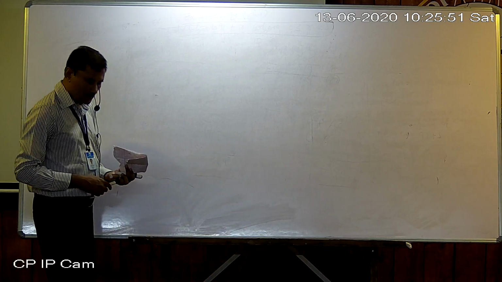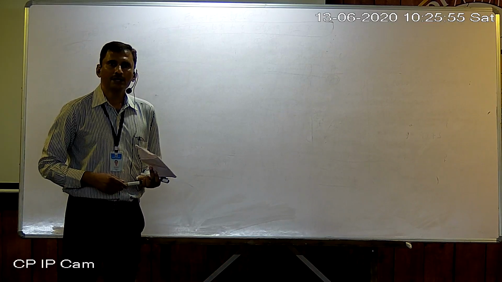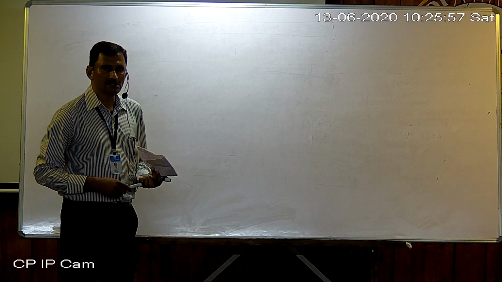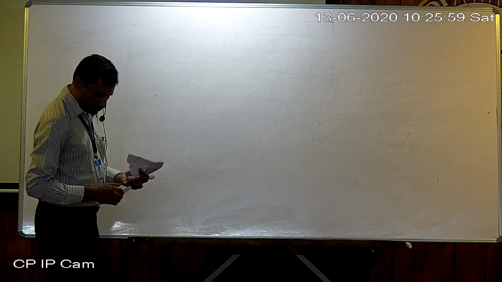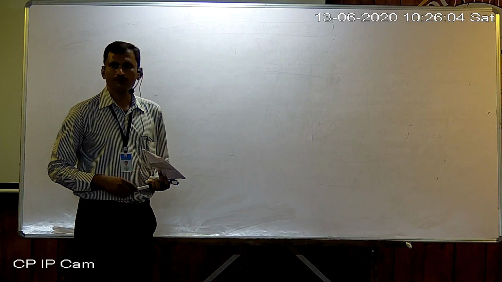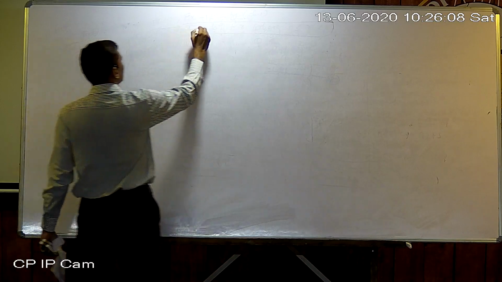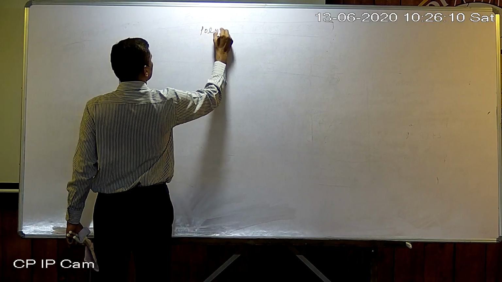Now, so far we studied different topics in real numbers, chapter number 1. Now, we are going to start a new lesson, polynomial. Actually, you are familiar with this lesson.